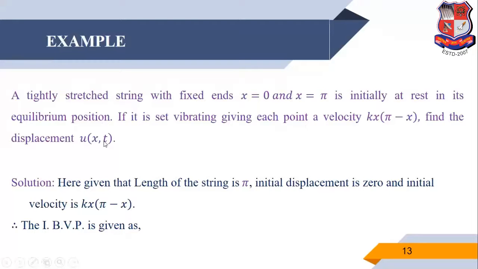So in this problem, given the length of the string which is tightly stretched with ends x is equal to 0 and x is equal to pi, we consider the length L is equal to pi. Also given that the string is initially at rest in its equilibrium position, that means the displacement is 0. And here the initial velocity is given as k x (pi minus x). And we want to find the displacement u(x,t).